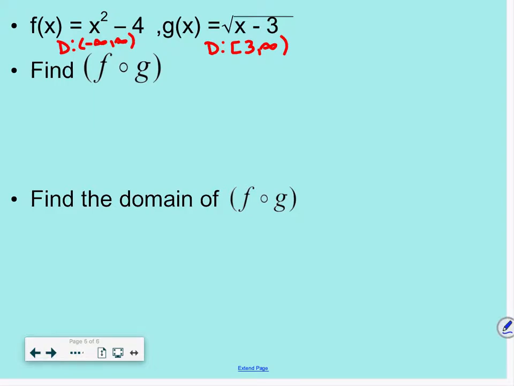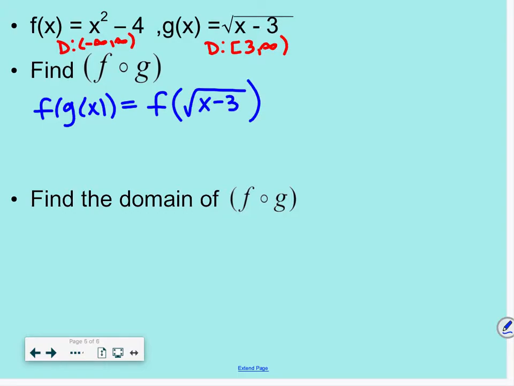So as far as the composition is concerned, we are taking g of x and we're plugging it into f. This would be my advice to you. First, write it as f of g of x. And we always start with the inside. Our inside function is g. So I'm going to change g to radical x minus 3.